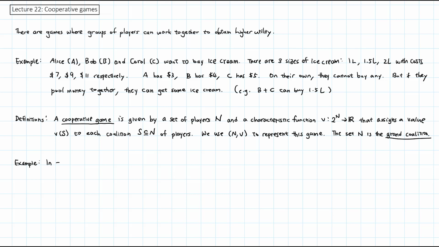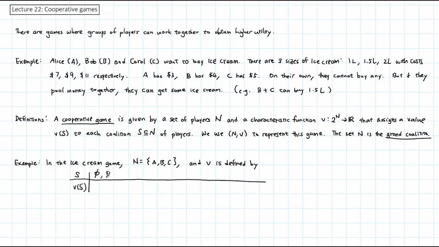In our example of the ice cream game, the set of players N is A, B, and C, and the characteristic function v can be defined using this table. For the empty set and any subset of size 1, the value is 0. They cannot buy any ice cream.